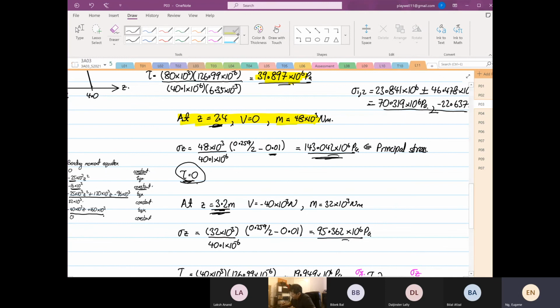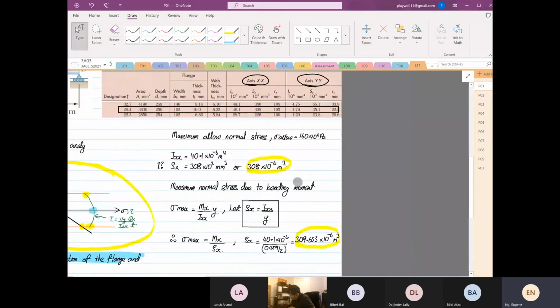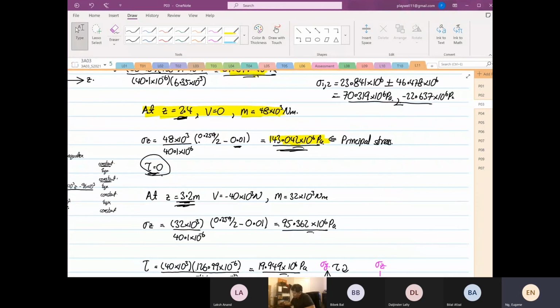Again, you check the 143 times 10 to the power 6 principal stress with the allowable. The allowable is 160, so if the allowable is 160, your maximum is at 143.024. Basically, your factor of safety is equal to 1.